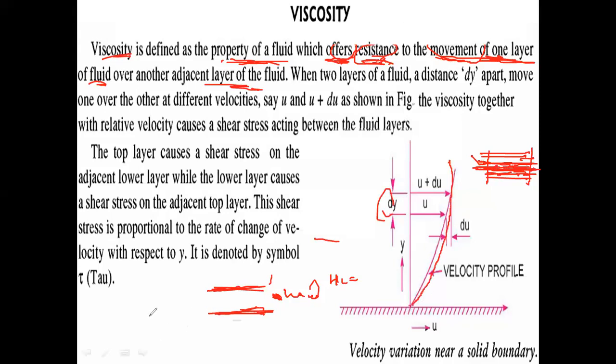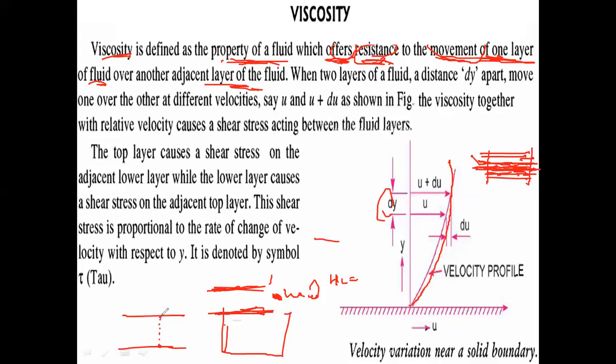If you see flow through a pipe, or flow through an open channel, of any kind, and if you measure the velocity of this fluid at different depths, in pipe flow, if we place a pitot tube here, and with the help of the pitot tube measure the velocity of the fluid at this particular point, and then just above it, just above it, like this, you will observe that this velocity is not uniform.